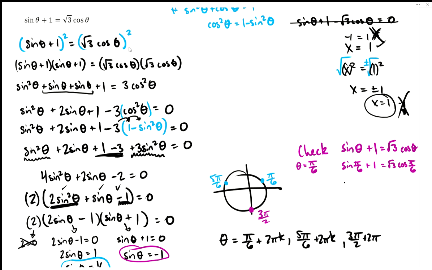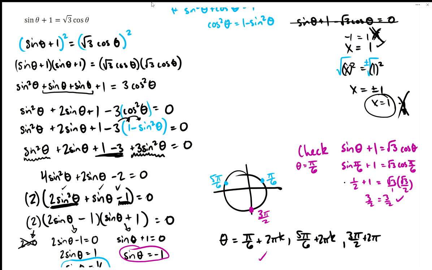Well, sine of pi/6 is 1/2 plus 1, and then radical 3 cosine of pi/6 is radical 3 over 2. This is going to be true. So the left is 3/2, the right is 3/2. So 3/2 does equal 3/2. Good. So that means this is an answer so far. I'm just going to put a check mark.